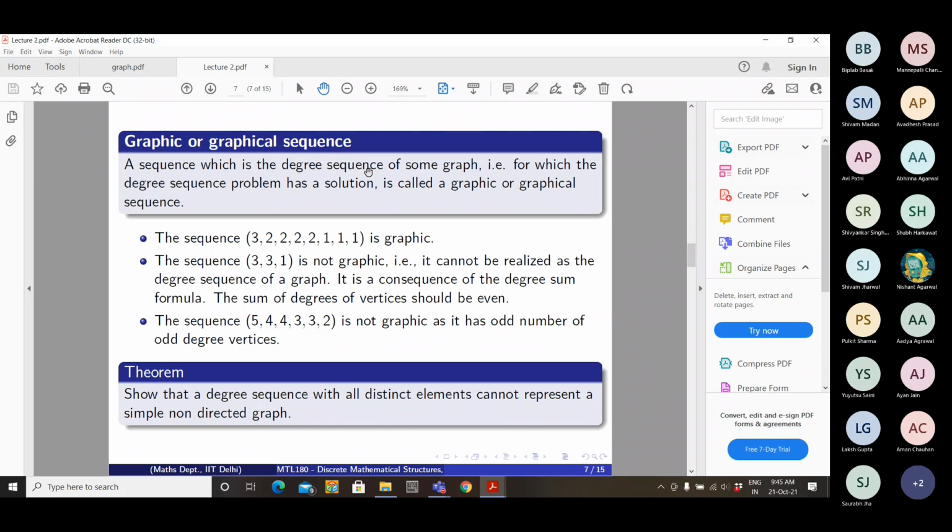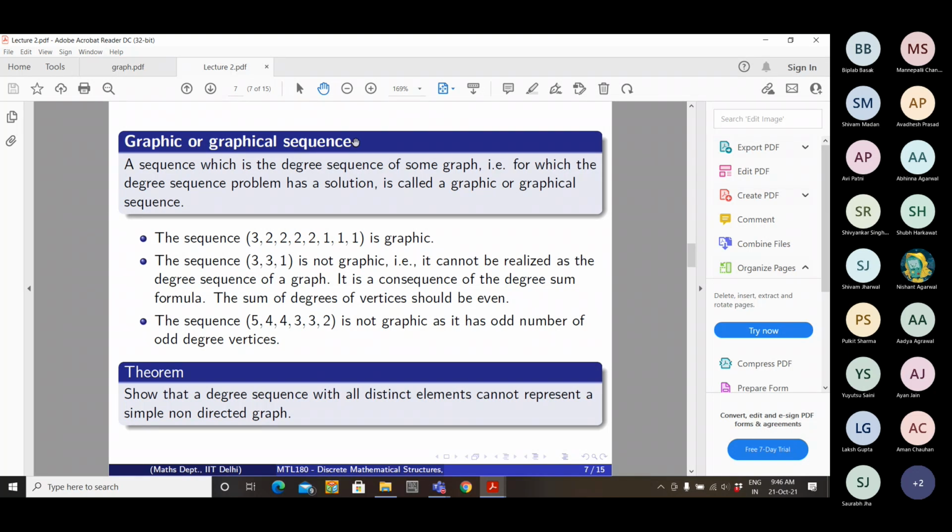If you take an arbitrary non-increasing sequence of positive integers or natural numbers, and there is some graph which has your sequence as its degree sequence, then this sequence will be called graphic or graphical.